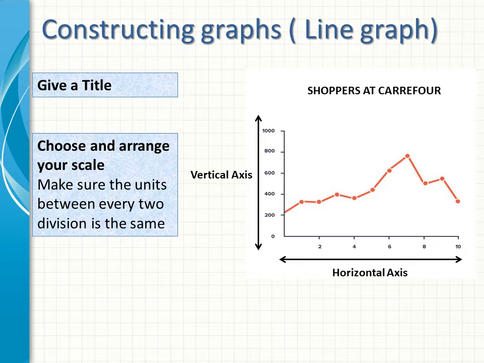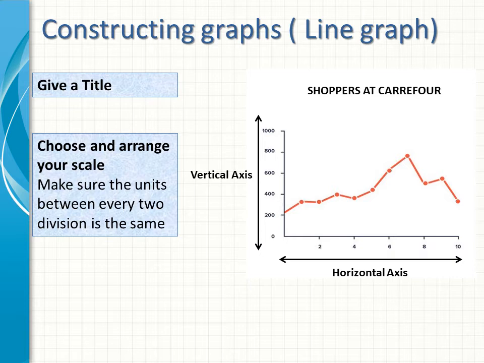And also another thing you must take note of is your scale must reach the highest number on the information you are given. For example, look at this graph that we have.